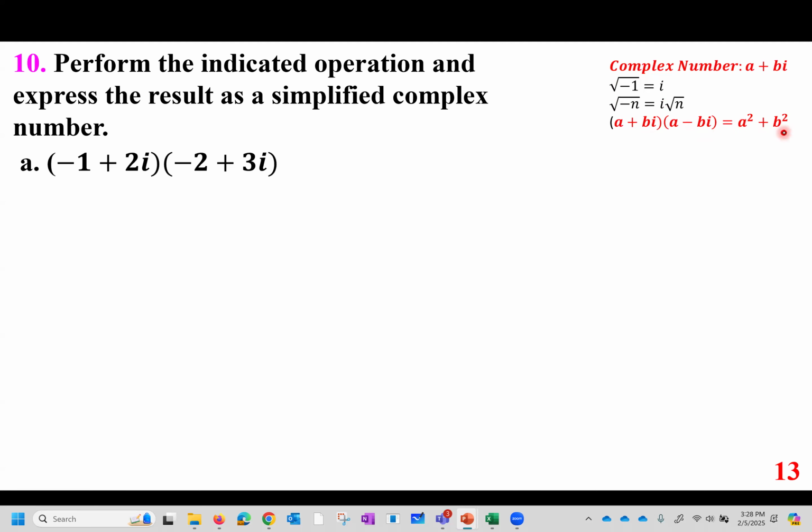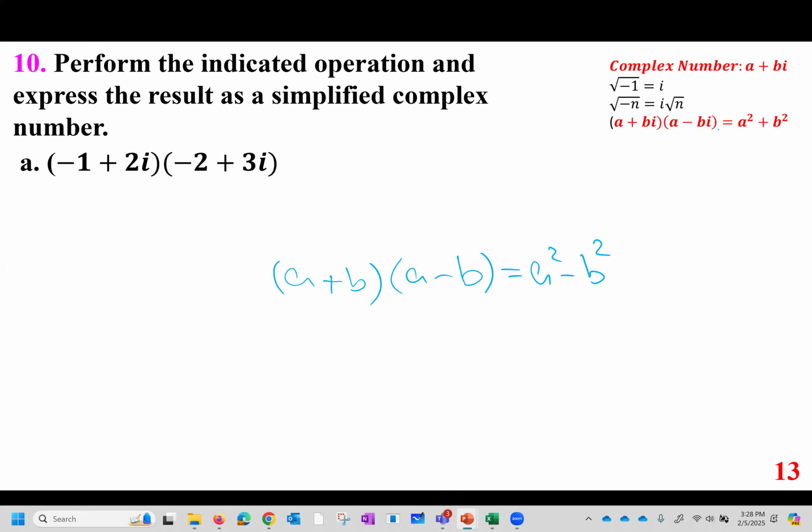I want to explain that, as hopefully everybody remembers that a plus b times a minus b is a squared minus b squared.